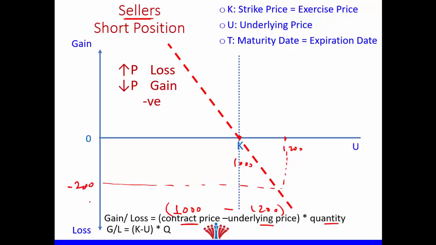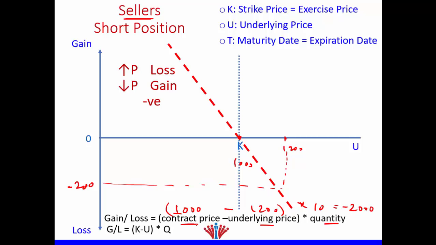It means that at contract price 1,000 and underlying price 1,200, the buyer will make a gain of 200, the seller will make a loss of 200 per unit. If you would like to get the total gain or loss, multiply it by the total quantity. Let's assume that the total quantity is 10 kilograms of gold, so this will give us negative $2,000.